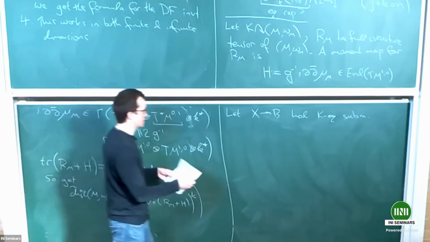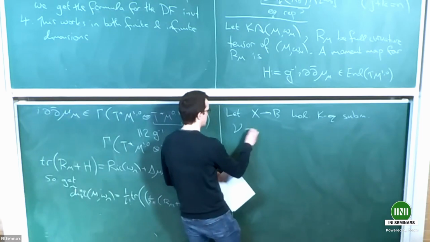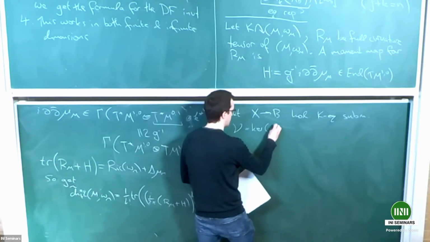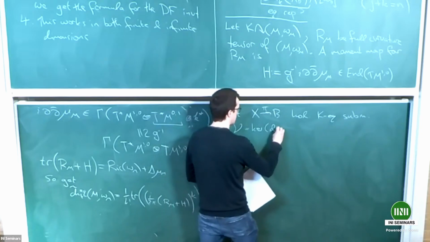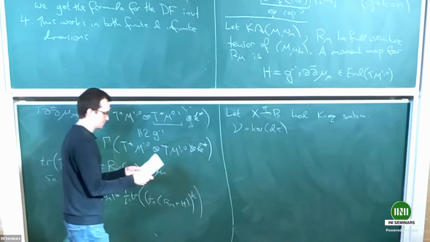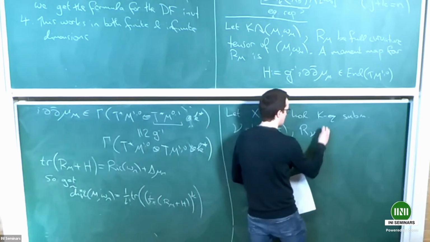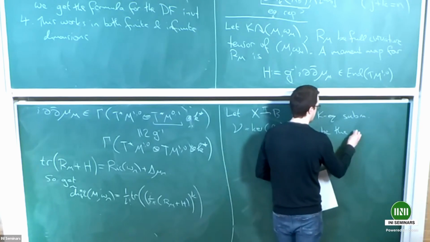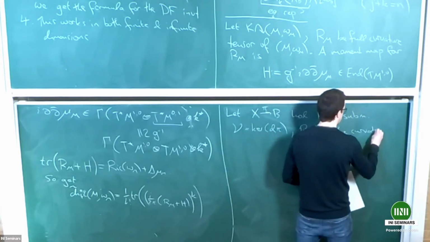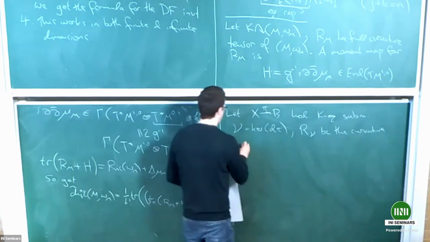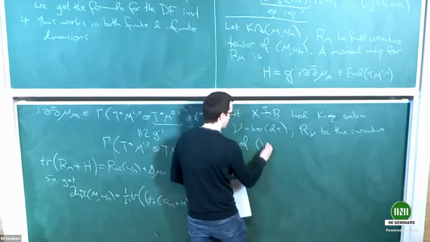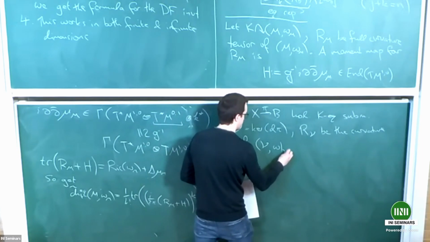I want V to be the kernel of the projection. That's my vertical tangent bundle. And I'll let R^V be the curvature of this bundle with the restriction of ω to that.